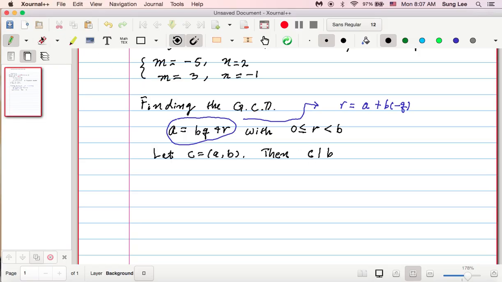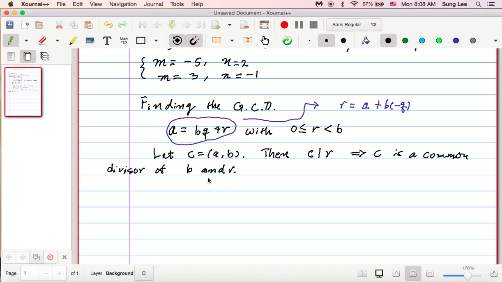And c divides b, c divides r. So this means that c is a common divisor of b and r.